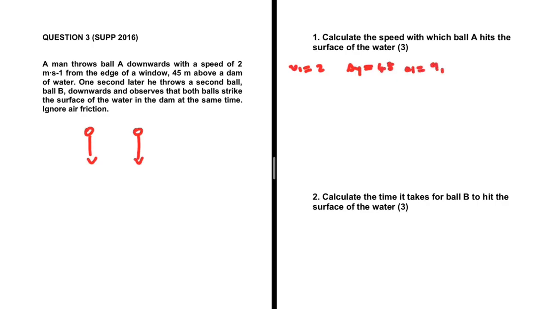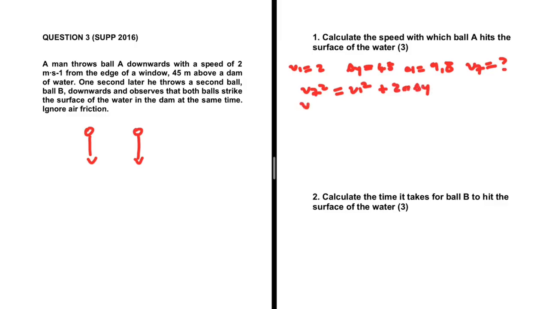The acceleration is 9.8. We're interested in the speed at which ball A hits the surface of the water, so we want to find Vf. With these four variables, we can say that Vf squared is equal to Vi squared plus 2a delta Y.